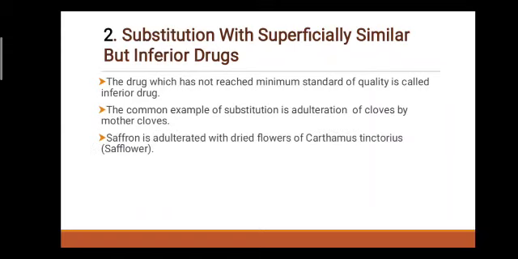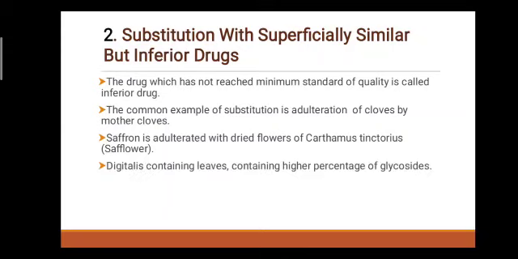Saffron is adulterated with dried flowers of Carthamus tinctorius (safflower). Digitalis leaves containing higher percentage of glycosides.